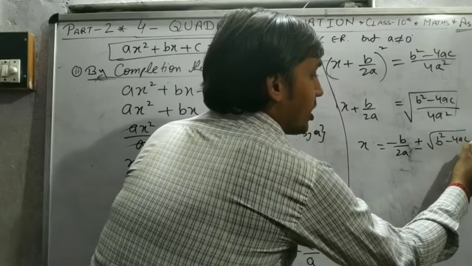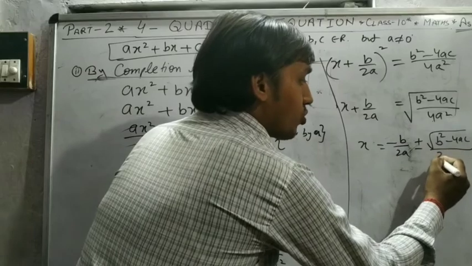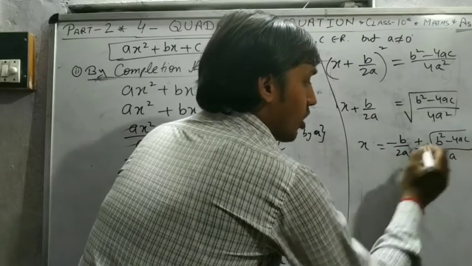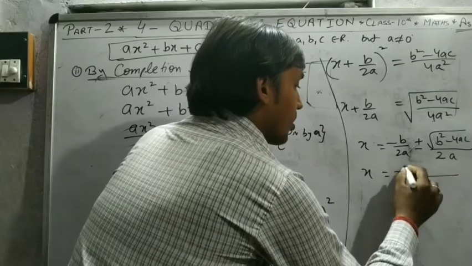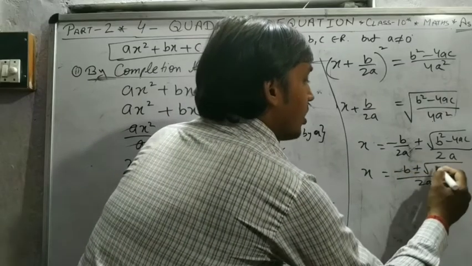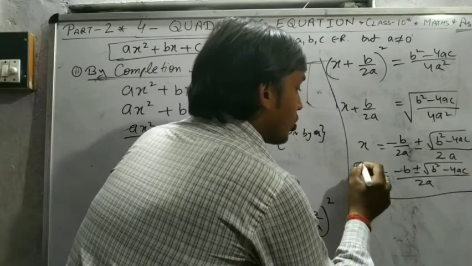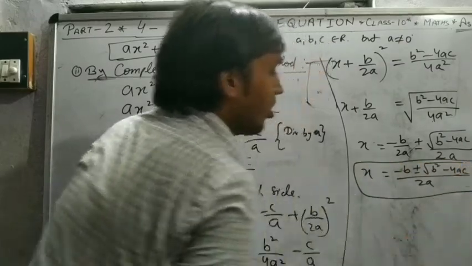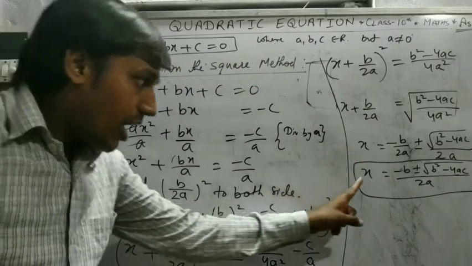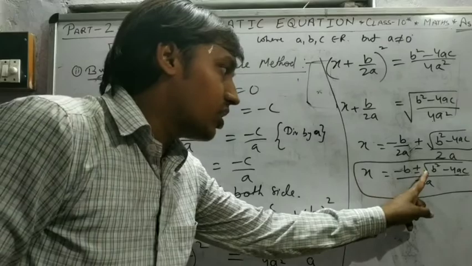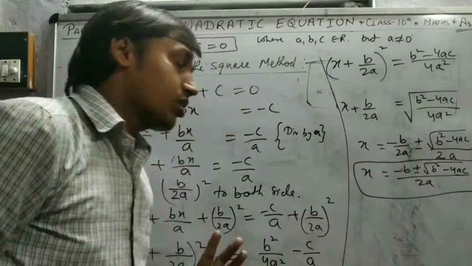In the numerator there is no solution in binomial form, but here the square root of 4a square is 2a. Taking the LCM, 2a, minus b plus minus square root of b square minus 4ac. That is the two solutions of the square root. x is equal to minus b plus minus the square root of b square minus 4ac upon 2a.